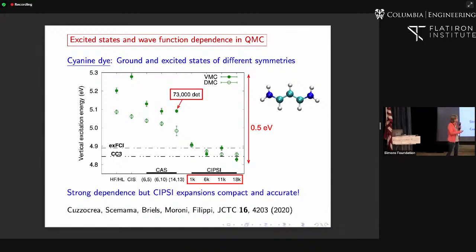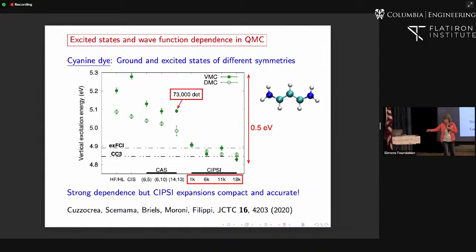What we have is the variational and the diffusion are very close to each other, almost on top of each other. And the number of determinants, here I'm expanding from 1,000 to 18,000, and I have very accurate results, okay? So what I'm showing you, therefore, is there is a strong dependence, but using this smart selection, we can get compact and accurate results.